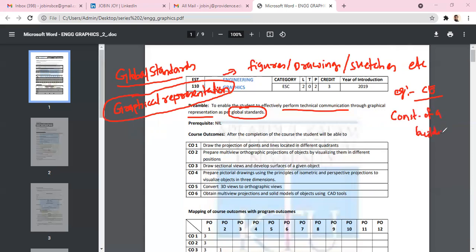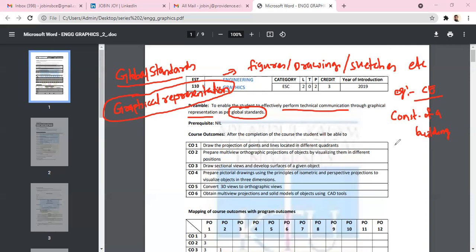The preparation of the plan, the elevation, the sectional view of the building, etc. So the civil engineer effectively performs technical communication through this plan and elevation. That means graphical representation as per the global standards.